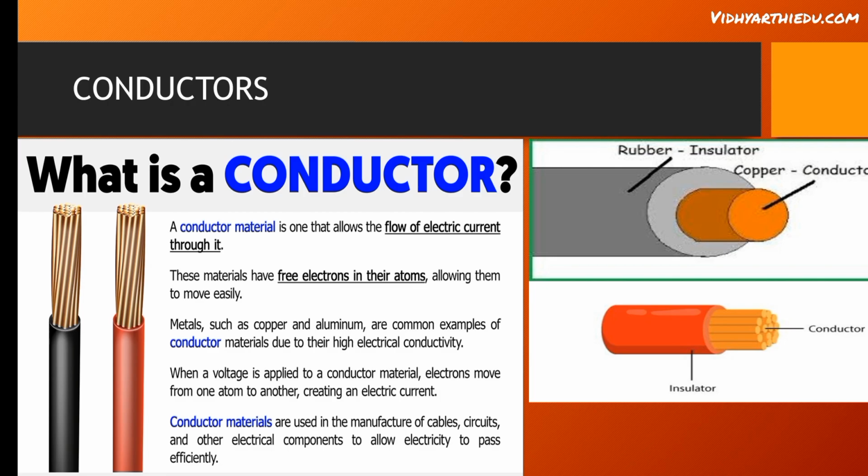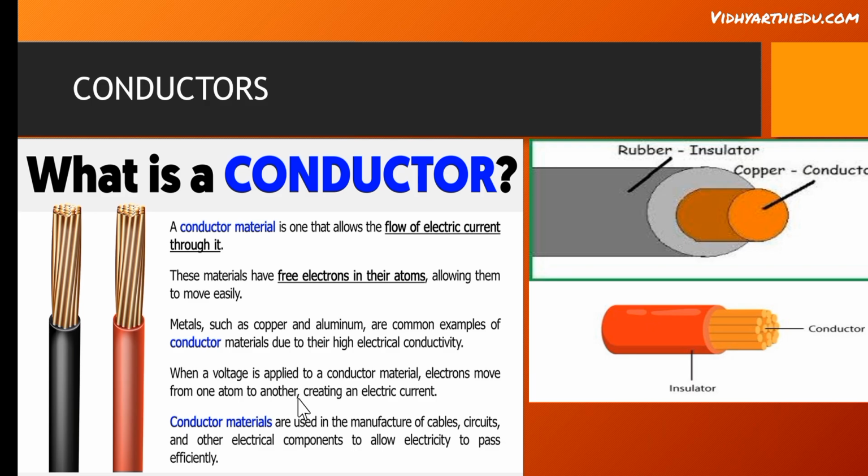So the conductor will allow the flow of electrons through it, and the flow of electrons is nothing but electric current. For example, metals such as copper and aluminum are examples of conductors due to their high electrical conductivity. The electrons in metals are loosely bound, so there is more chance of free electrons moving through the conductor. That constitutes the electric current in the conductor.